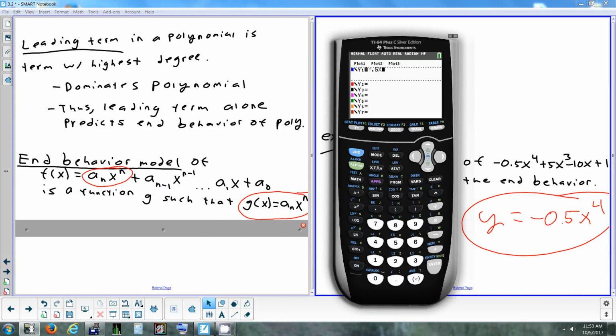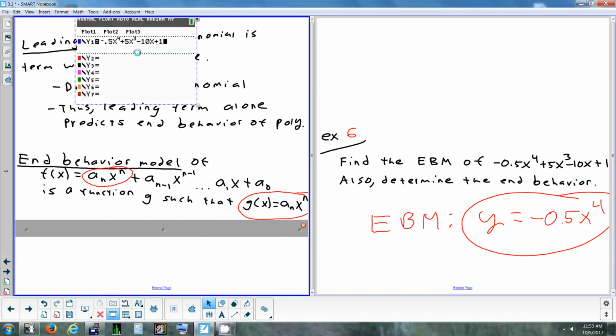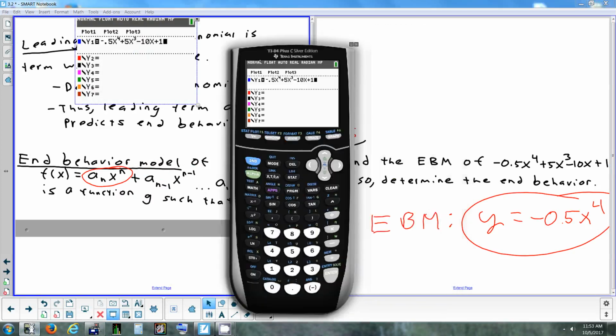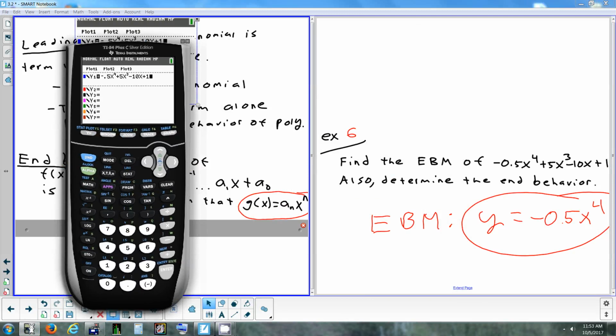So negative 0.5x to the fourth plus 5x cubed minus 10x plus 1. There's the original. And now I'm going to graph just the end behavior model, negative 0.5x to the fourth. I just want to see how they look.